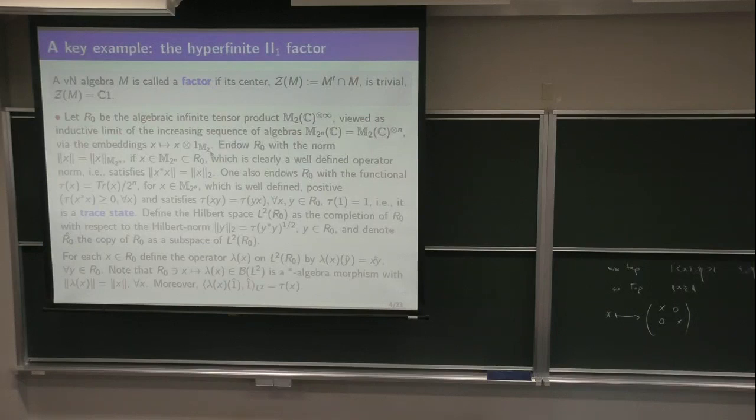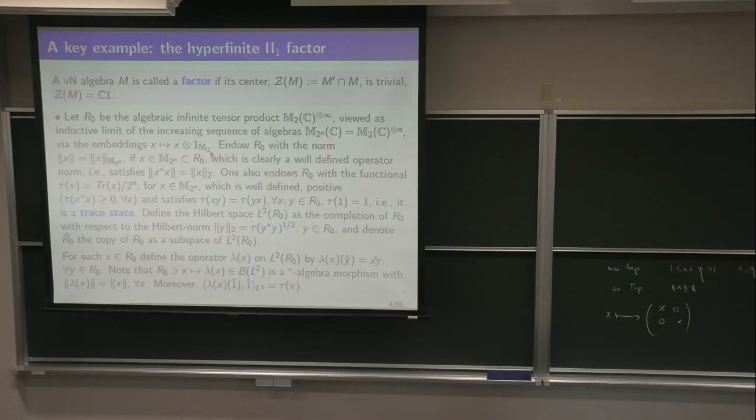So you have a well-defined norm, and it satisfies the so-called operator norm axiom, which is, of course, a Banach algebra norm, that's obvious, and clearly also the norm of the adjoint X star is equal to the norm of X.